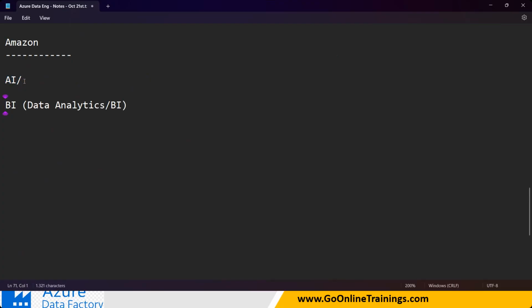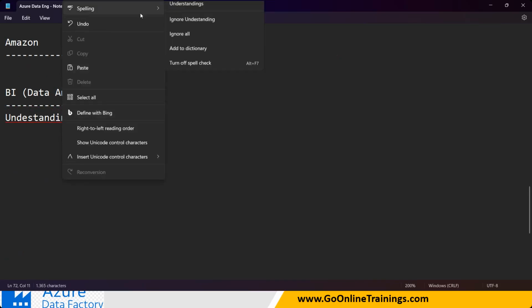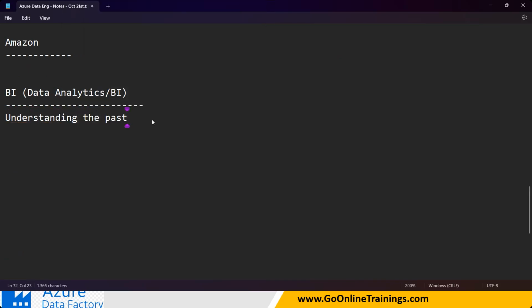Let me write it here. So people may ask you, what is BI or data analytics? Clear? So data analytics is completely about the past. Understanding the past is called data analytics. Now, what is artificial intelligence or machine learning, or people call this deep learning, whatever, or data science? Clear?